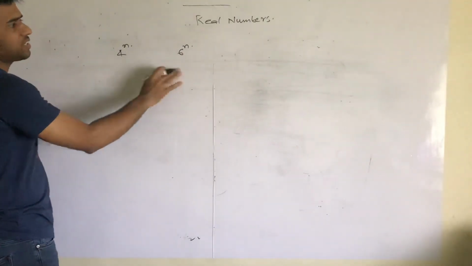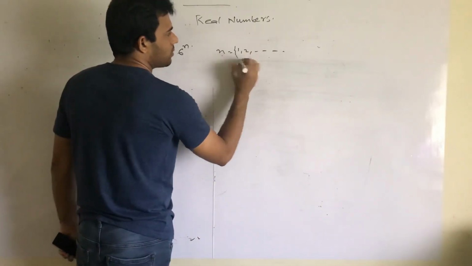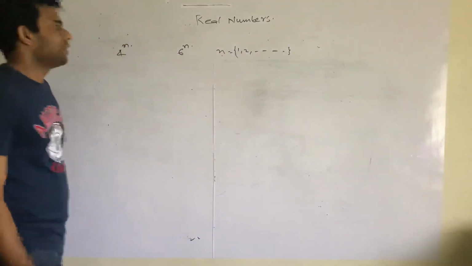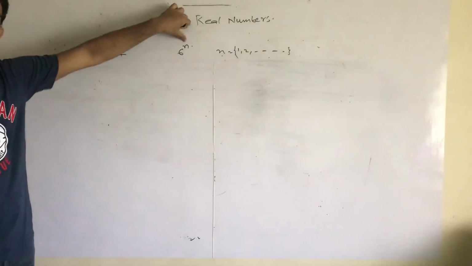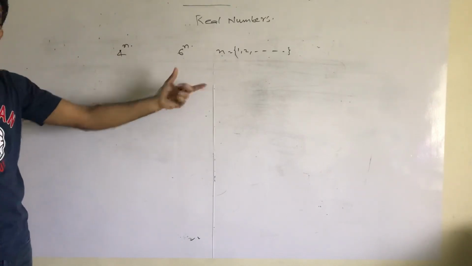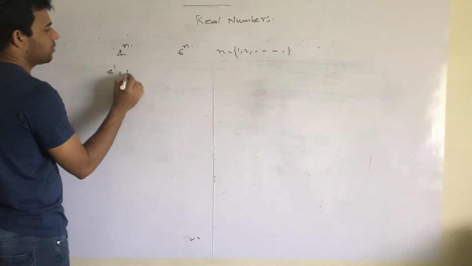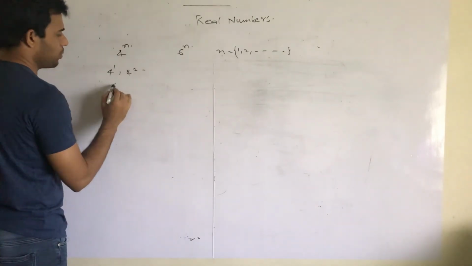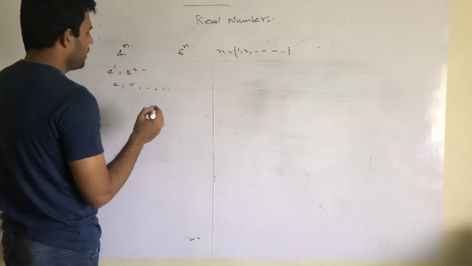So 4 power n and 6 power n, where n is 1, 2 and so on. And the question is, for any value of n, do we get a number which ends with 0? Okay, so I can say 4 power 1, 4 power 2 like that, right? So 4 power 1 is 4, 4 square is 16, and it goes on.